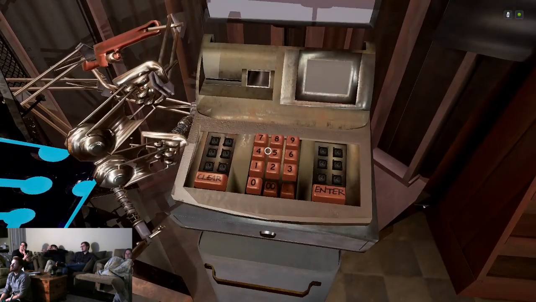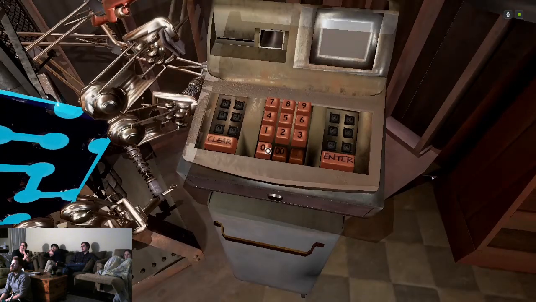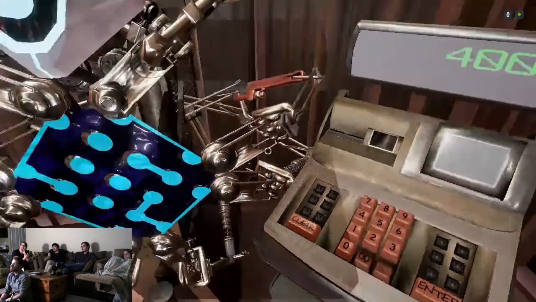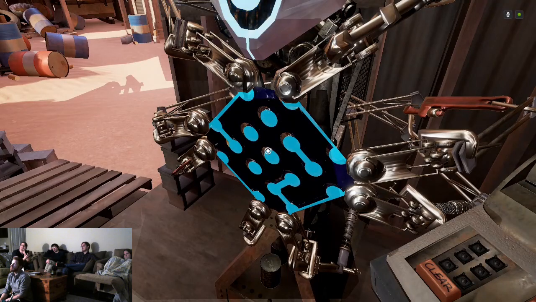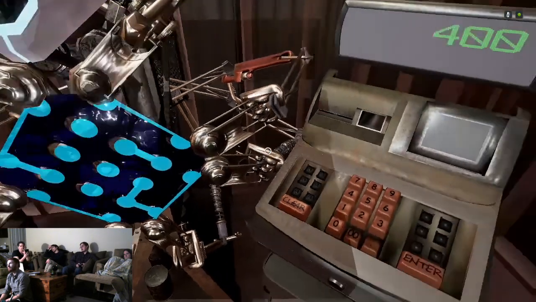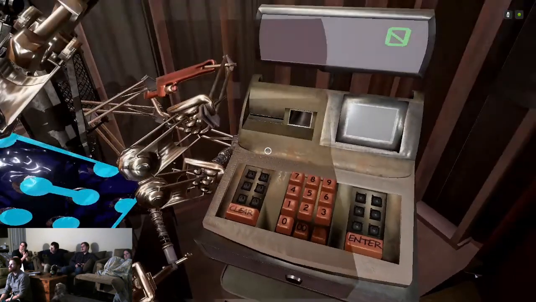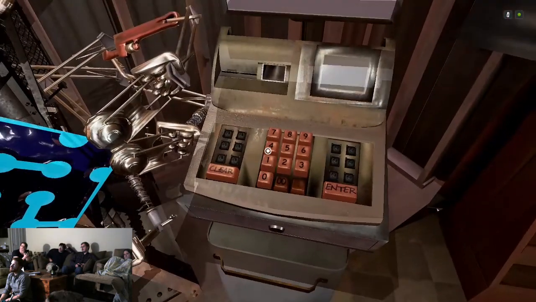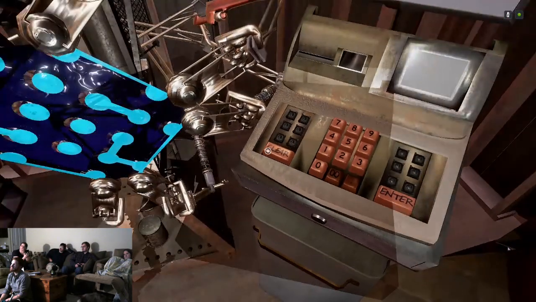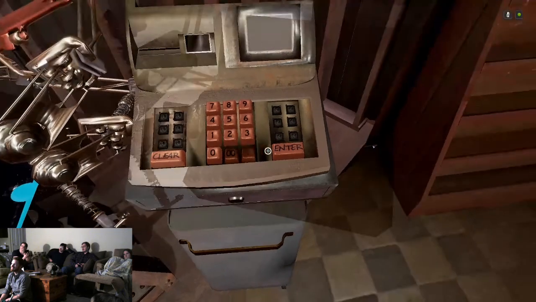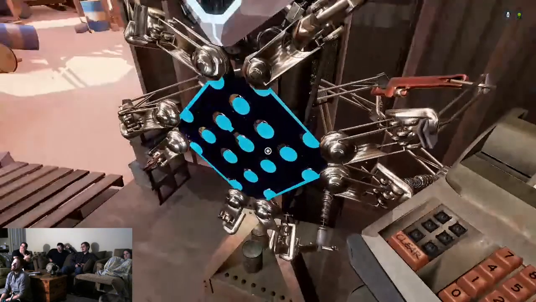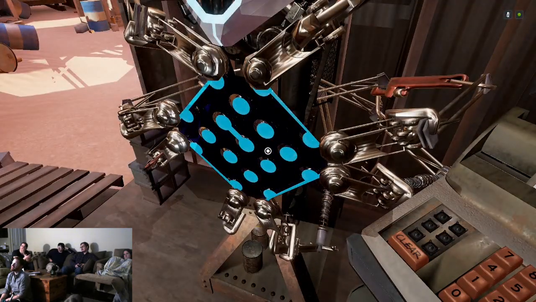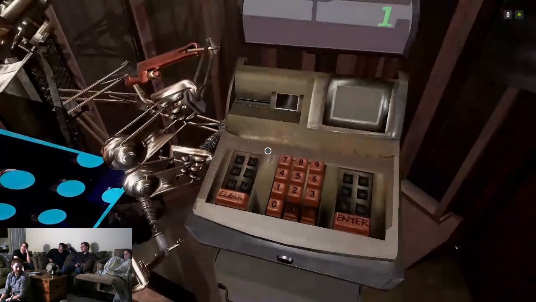Wait, so is there... Can we find a pattern here? 400. Definitely not. Okay, clear it and just put in 1. That's a 4, you idiot. You are not wrong. Okay. All right, 1. We don't need that.